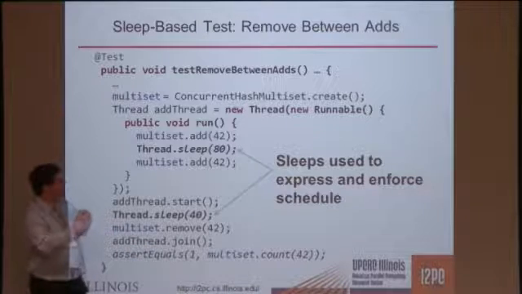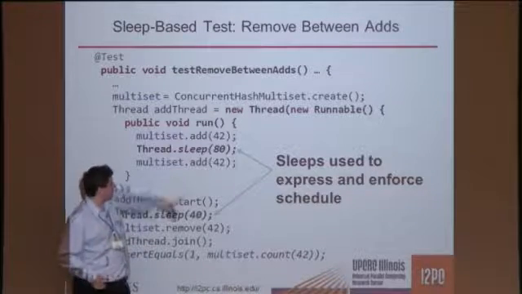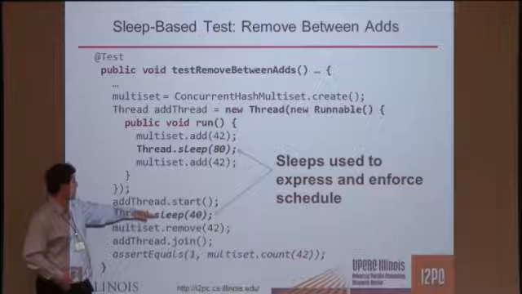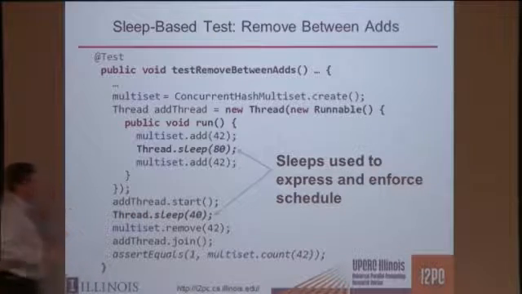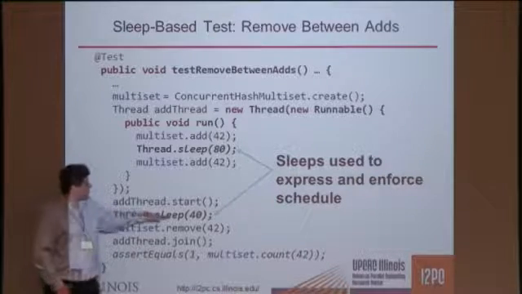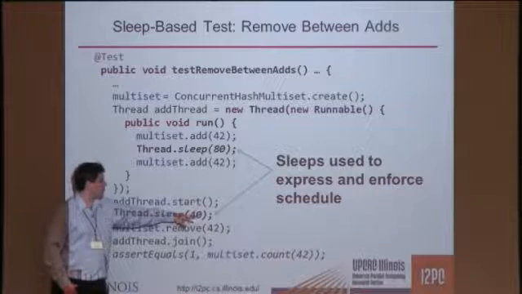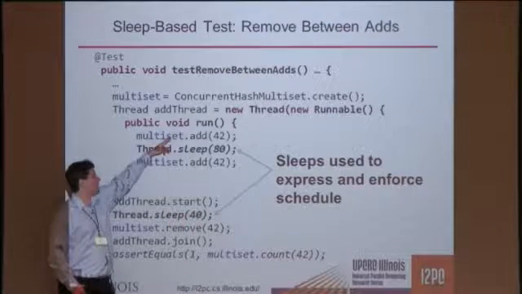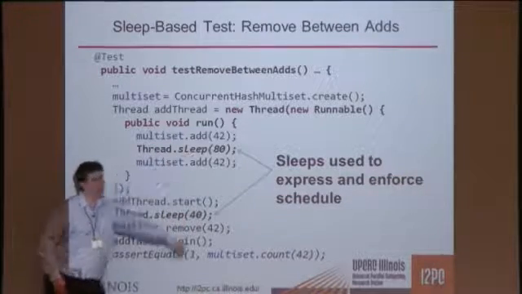And in order to attempt to get the specific ordering of the events, they add these sleeps. This basically says, wait for 40 milliseconds. Meanwhile, I hope something else will finish. And I'm going to wait here for 80 milliseconds and do this. So as you all probably know, there are a lot of problems with these sleeps. Kind of not the best way to do that, but we've seen that people do this a lot.